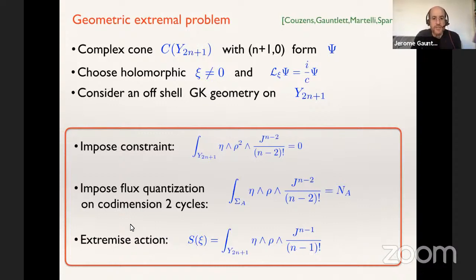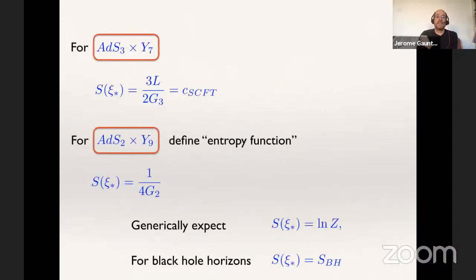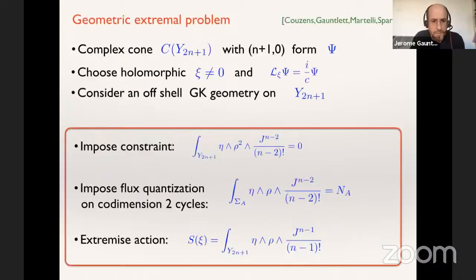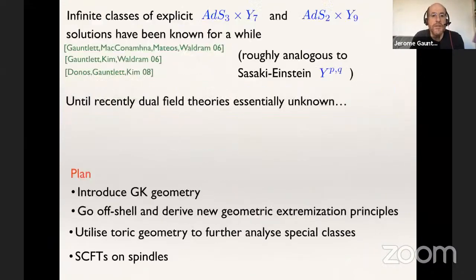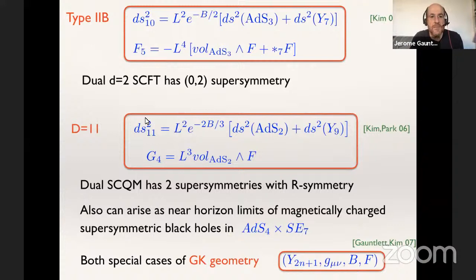Actually, I'm not quite finished, because I said the action was this, and if you extremize this, it puts you back on shell. But importantly, the on-shell value of S is actually physical. So the on-shell value of S is 1 over G3. I didn't mention that actually, so let me quickly mention this. When I wrote down these AdS3 and AdS2 solutions, I put an L in here.